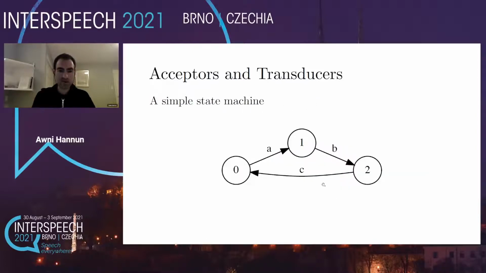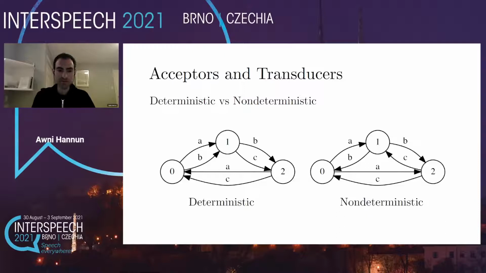So just so everyone's on the same page, here is a super simple finite state machine. It has nodes with state labels 0, 1, 2, and edges with transition labels A, B, C. And these state machines can be deterministic or non-deterministic. A non-deterministic state machine just means that from any given node, you can have edges with the same labels leaving that node.